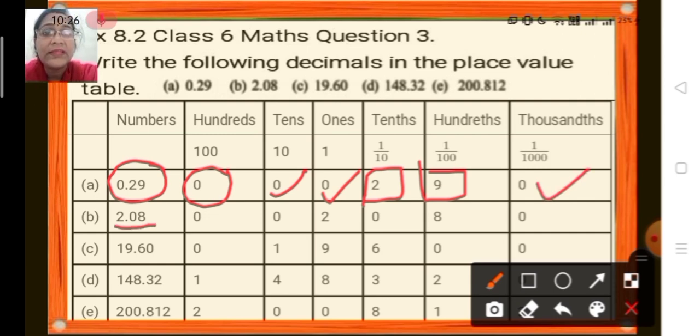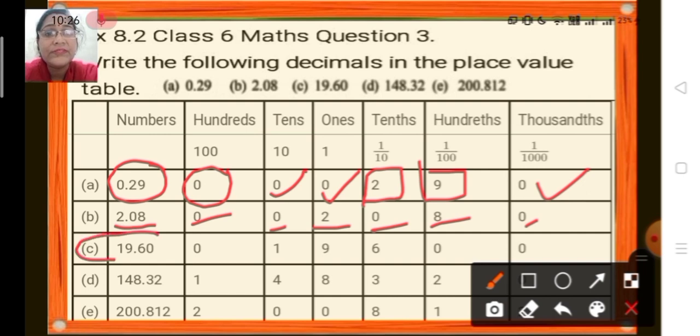As there is no digit in thousandths place, we will write 0. Now second number is 2.02. Children, here 2 is at ones place, so we will write 2 at ones place. Then 0 at tenths place, 2 at hundredths place. See children, where there is no digit at hundreds place, tens place and thousandths place, we will write zeros over there.